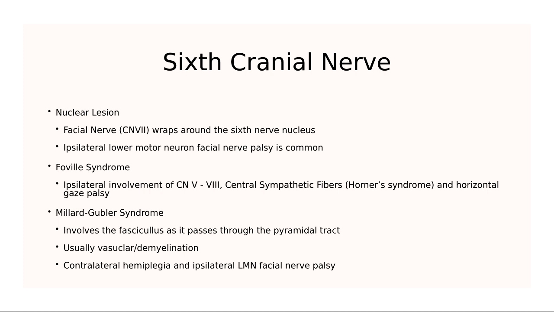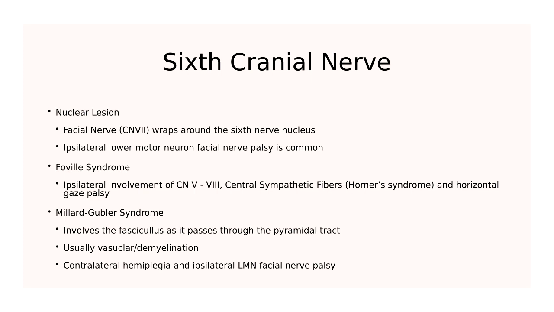Foville syndrome is another syndrome where you can have involvement of multiple cranial nerves from the 5th through the 8th. You will also have Horner syndrome and horizontal gaze palsy. And Millard-Gubler syndrome involves the fasciculus as it passes through the pyramidal tract, usually secondary to demyelinating lesions or vascular lesions.